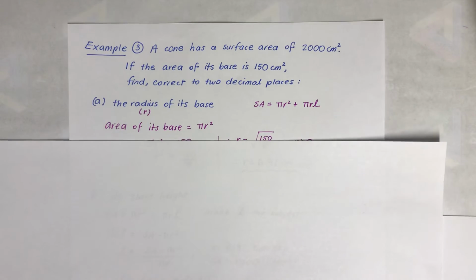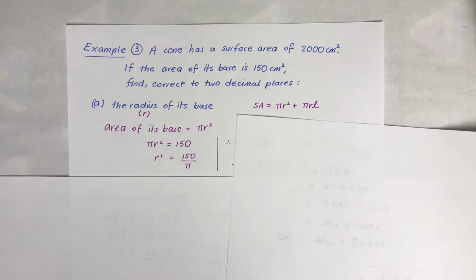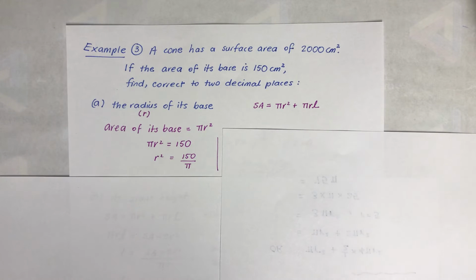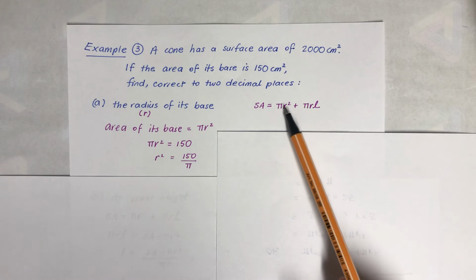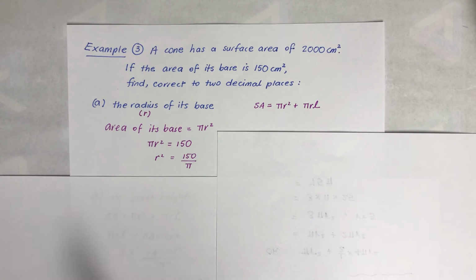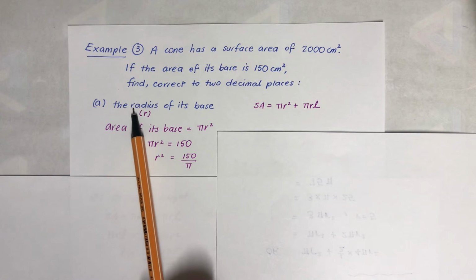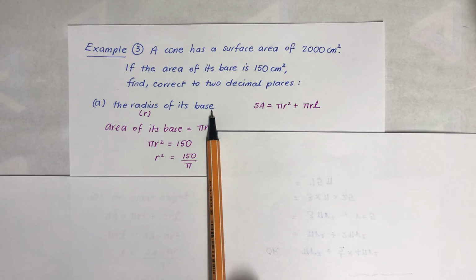I'll just put the surface area of a cone formula in there, so whenever I need it, I can just refer to that. So part A is to find the radius of its base.